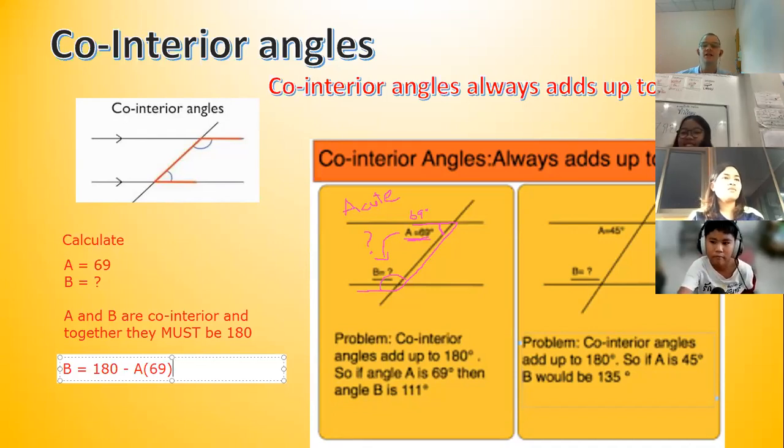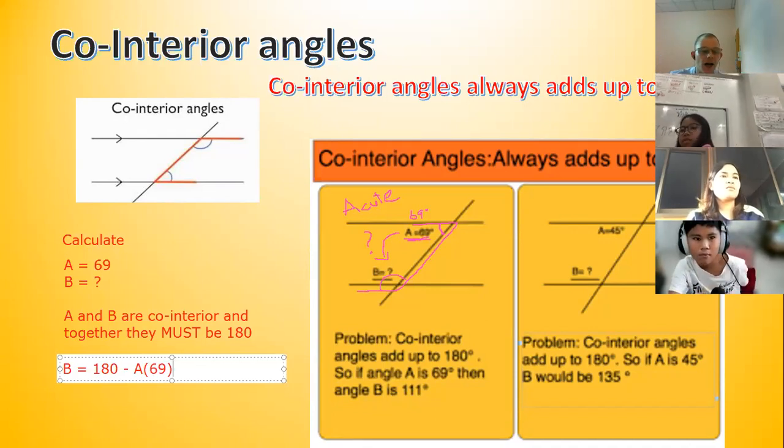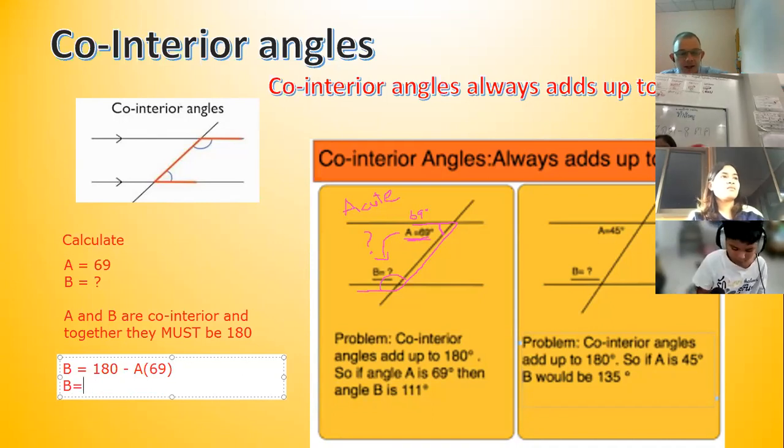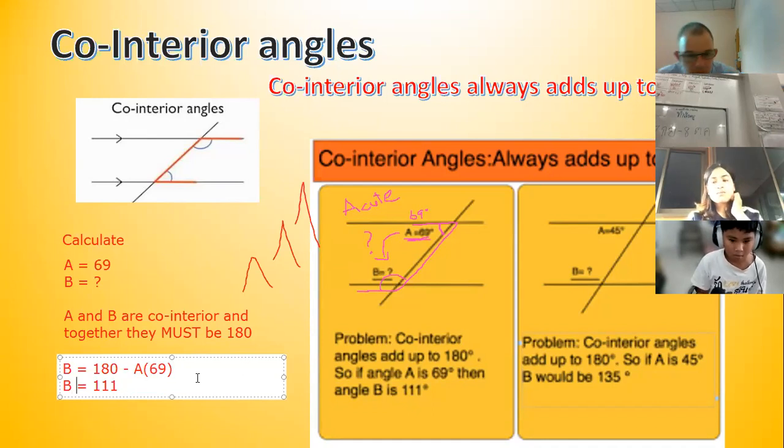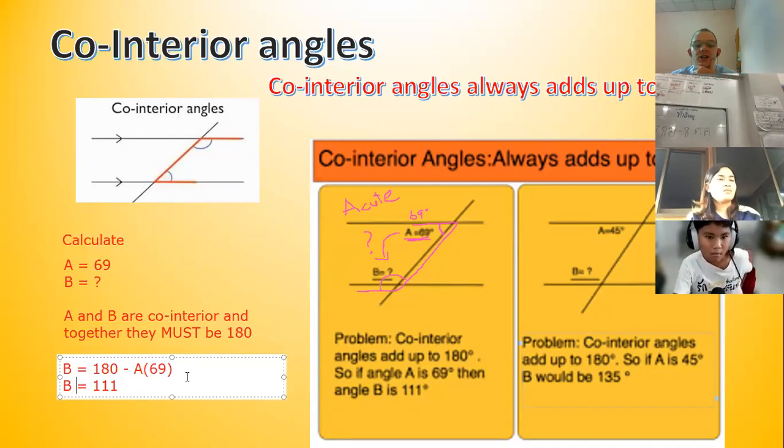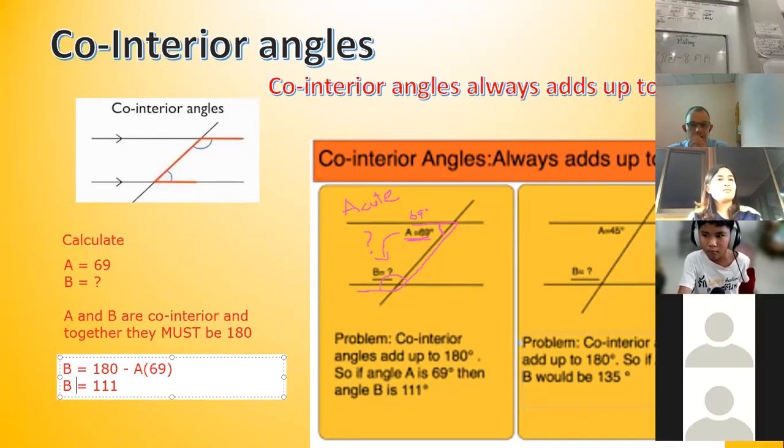So 180 minus 69, B equals 111. That is the importance of co-interior, is they add up to 180, which for me is a very nice way of looking at it and also calculating. So a lot of things we can do with that.